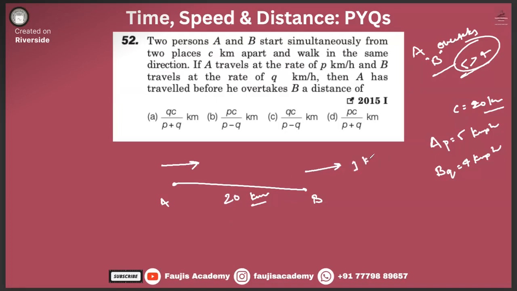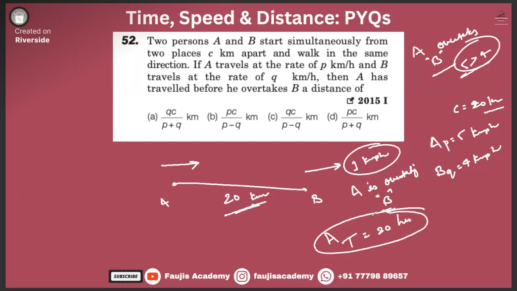Effective speed is 1 kmph. By 1 kmph, A is overtaking B, right? So to cover this 20 km, how much time will be required by A? 20 hours? Yes, sir, 20 hours.